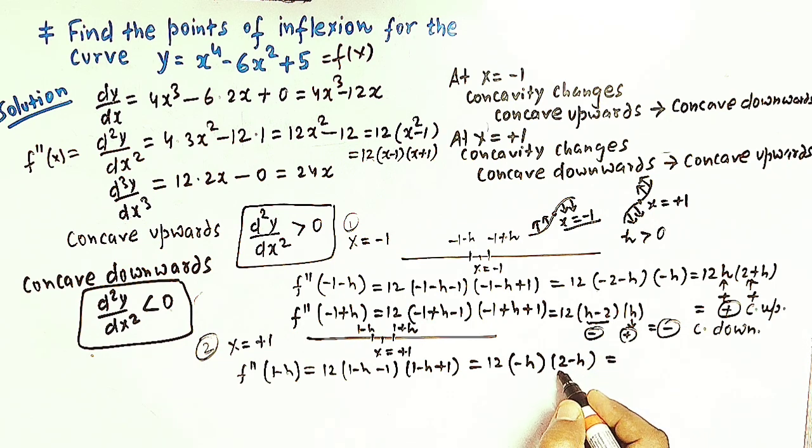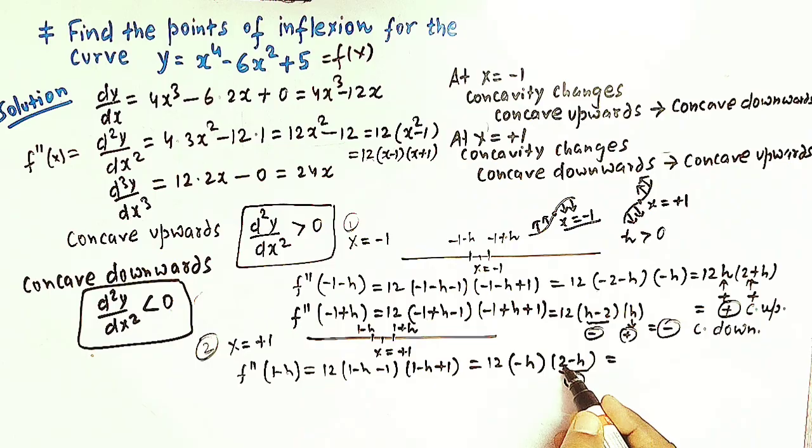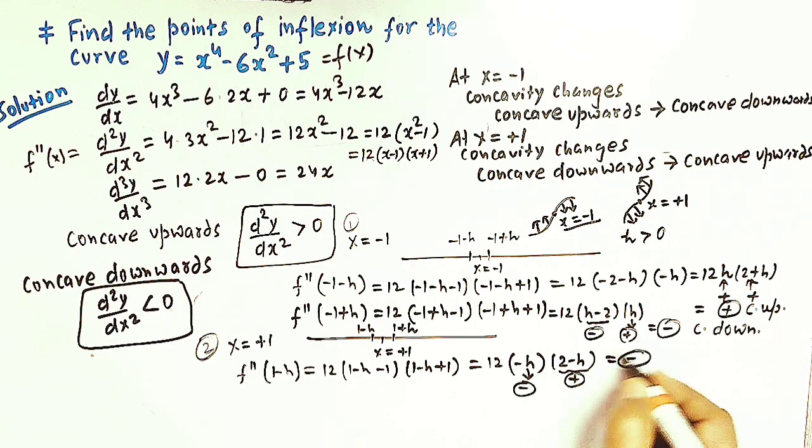Right, now see, 2 minus h is positive because h is greater than 0, but it is less than 1, right? And it is infinitesimally very small. So 2 minus h is positive. Here we have a negative because here we have a negative sign, so the overall sign is negative.